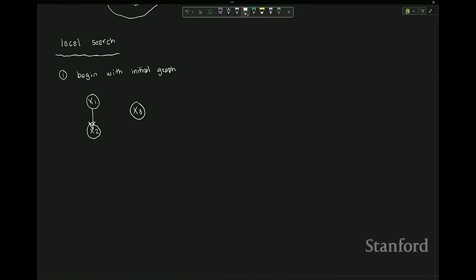So I'm going to define neighborhood. The neighborhood of a graph is the set of all graphs that are a single basic graph operation away from the current graph.